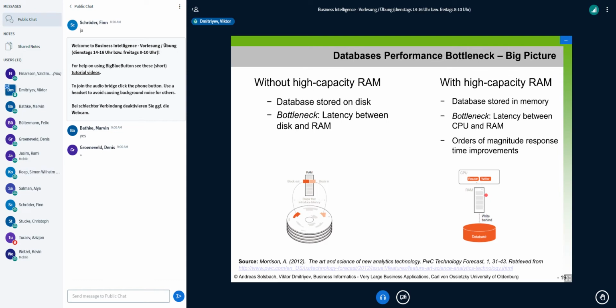Still, disks are used to back up the data, so we don't have to forget that those databases have to guarantee the ACID principles: atomicity, consistency, isolation, and durability. The question that I always asked myself: why can't you simply transfer the non-in-memory databases into in-memory databases?